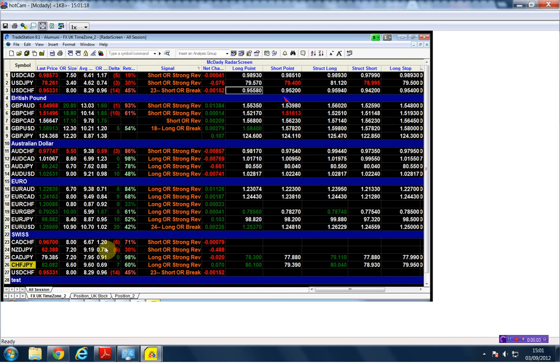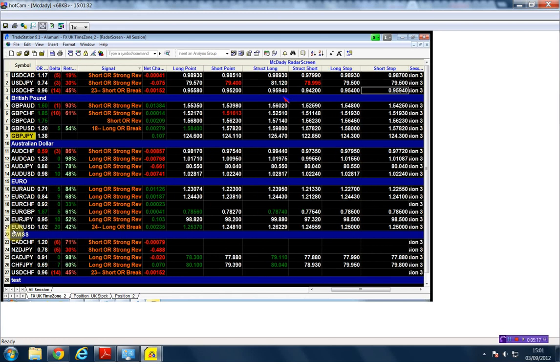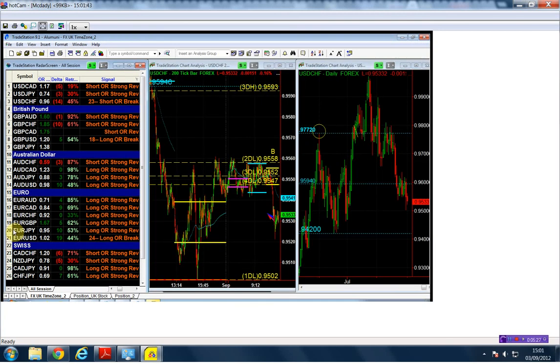On the short side, we're going to go short below 95.20, which is the low of the day. We have a structural short point at 94.20, which is about 100 pips away from our entry. If we go short below 95.20, our stop is going to be 95.40 also.